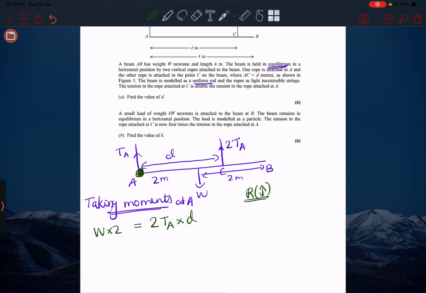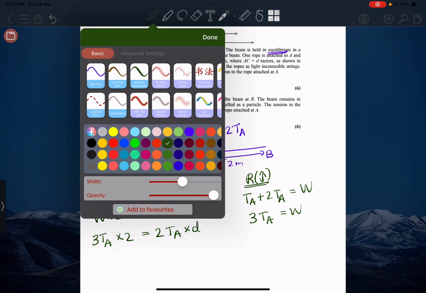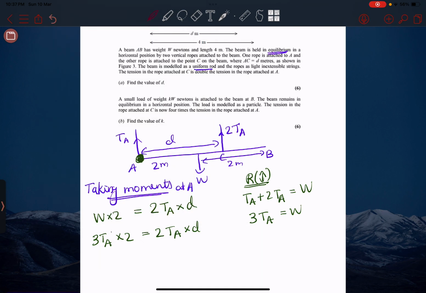All the forces going up, TA plus 2TA, are equal to all the forces going down, which is W. So 3TA is W, which means I can now use that value here as W. So W is 3TA, times 2, is equal to 2TA times D. The TAs cancel off, the 2s cancel off.